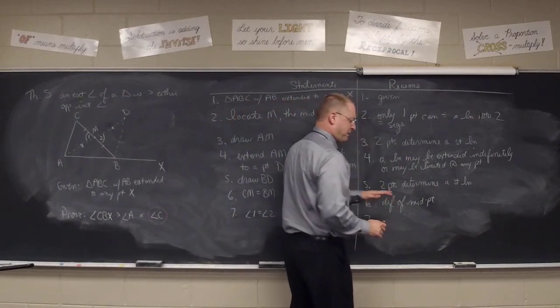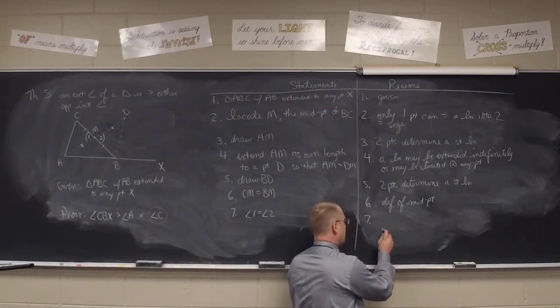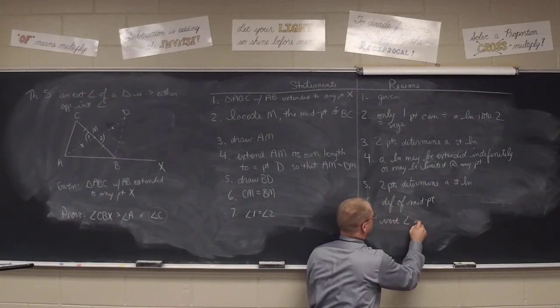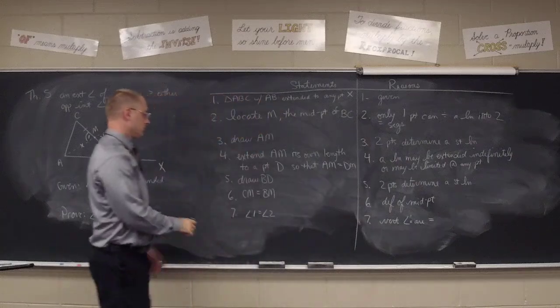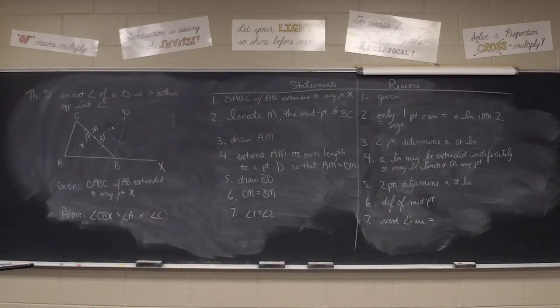This is one of those that you're going to be tempted to say definition of it. It's not. It's just that vertical angles, angles plural, are equal. Now look closely at the 2 triangles AMC and DMB. Thoughts? Adam?